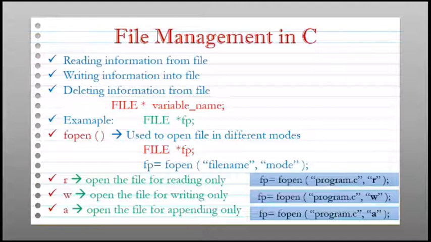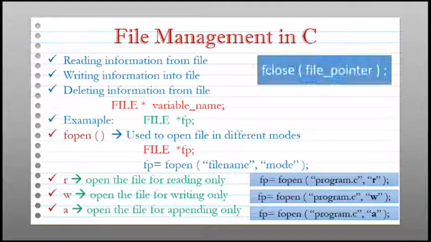Just like the fopen function which is used to open a file, the fclose function is used to close the file. It is a good practice to close a file which is opened when it is no longer required. A file must be closed as soon as all operations on it have been completed. It prevents any accidental misuse of the file.